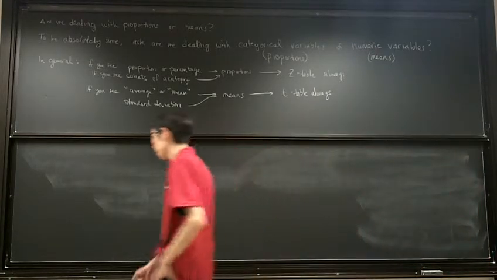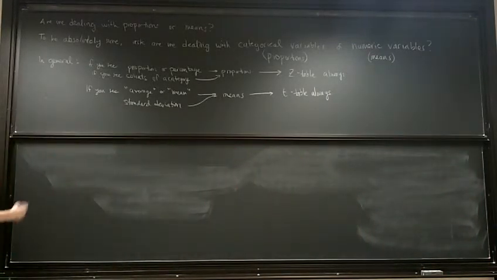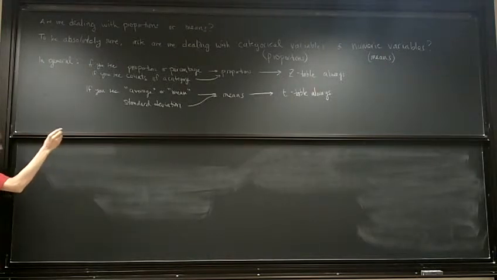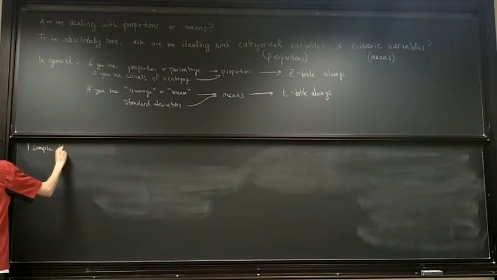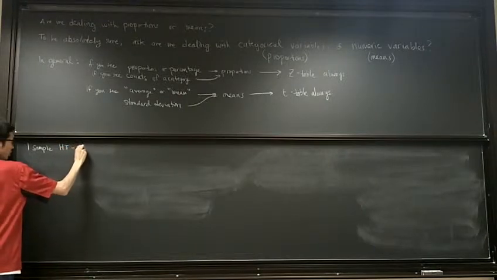All right. So let me just put a little bit of an overview here. We have four types of hypothesis tests. Okay. We have one sample hypothesis tests for proportions.